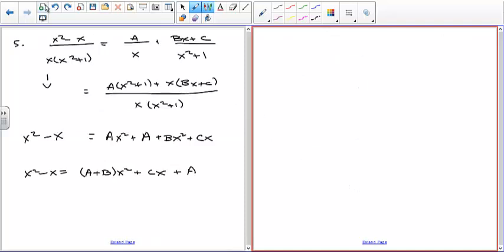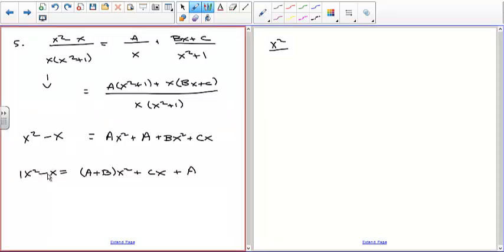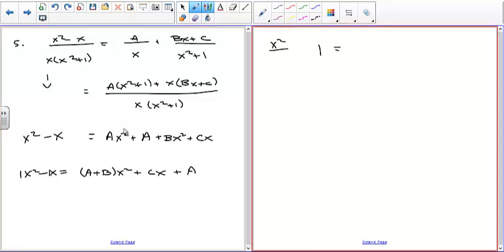And then what you do is you group the x squared terms, actually the coefficients in front of the x squared terms. So you see the coefficient on the left-hand side is 1, and then the right-hand side is a plus b. So those are the x squared terms. Then you have the x terms. So here we have negative 1x, so we just take negative 1.